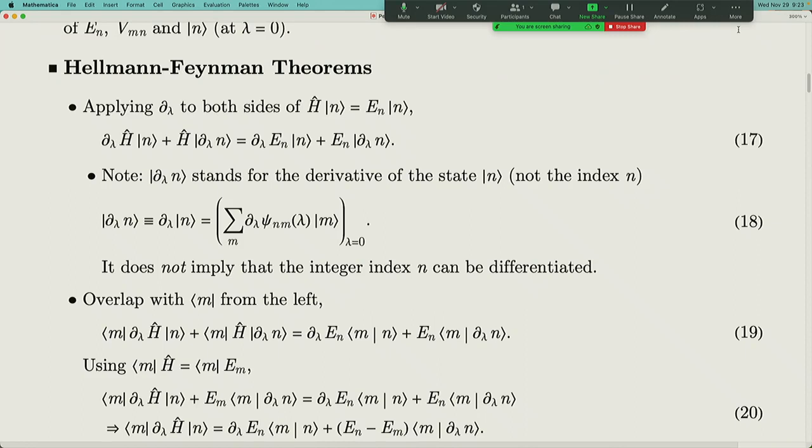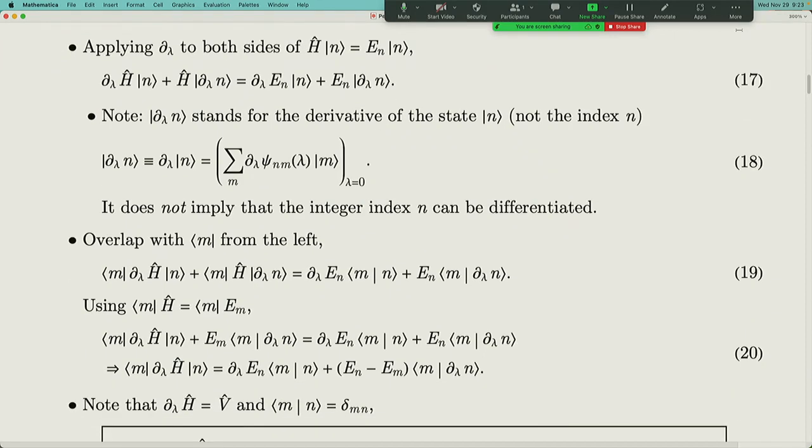So this formula, I think, is acceptable. It's just a direct consequence of the eigenequation. Assuming that the eigenequation can be evaluated at all different values of lambda, you can take the derivative on both sides. Now we just need another step, which is to overlap both sides with another basis state, which we label as m.